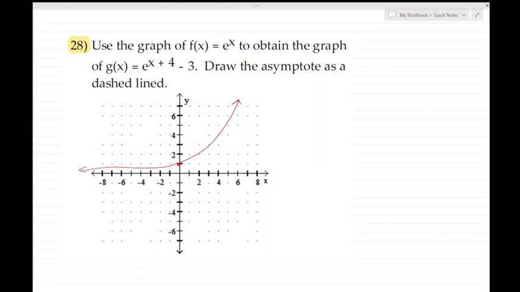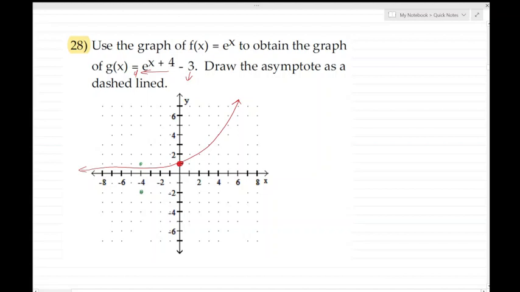And we look at the graph g of x that we're asked to plot, and there's been a shift to the left of 4 units, and then downwards 3 units. So we want to follow that 0, 1 point to the left 4 units, so right here, and then downwards 3 units, which is right there.